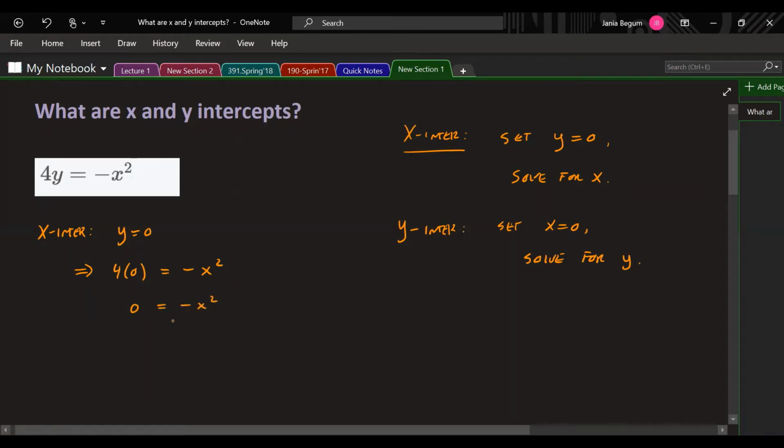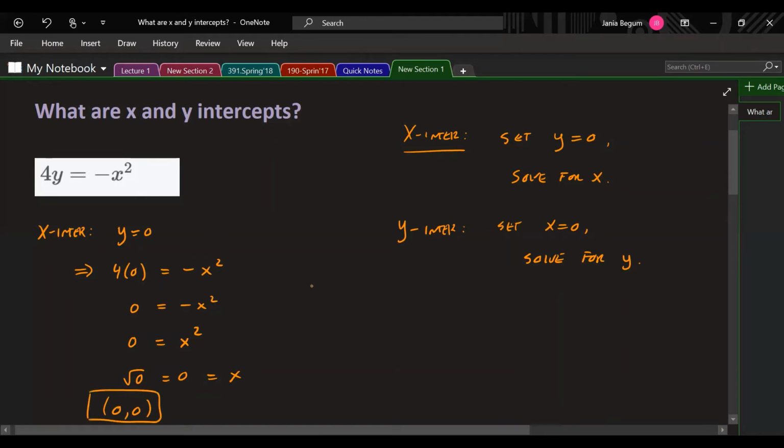To get rid of the negative sign, we multiply both sides by negative 1 or divide by negative 1. That will still be 0 equals x squared. And now to get rid of the square, we take the square roots on both sides. That gives us square root of 0, which is 0, is equal to x. So there you go, you have your x-intercept, which is 0, comma 0.